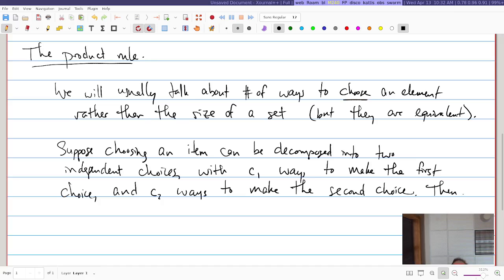Then the total number of ways to choose is C1 times C2.